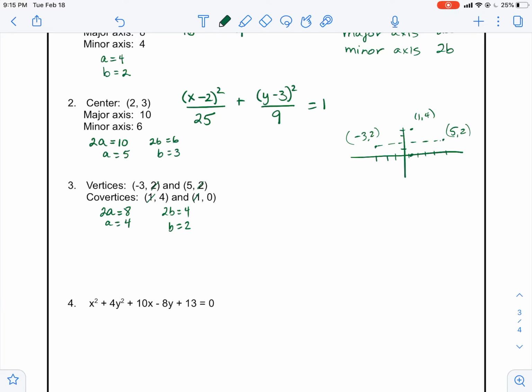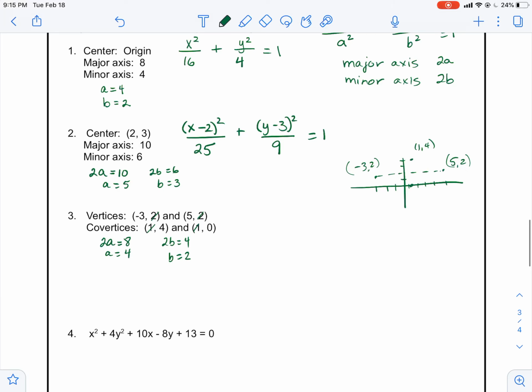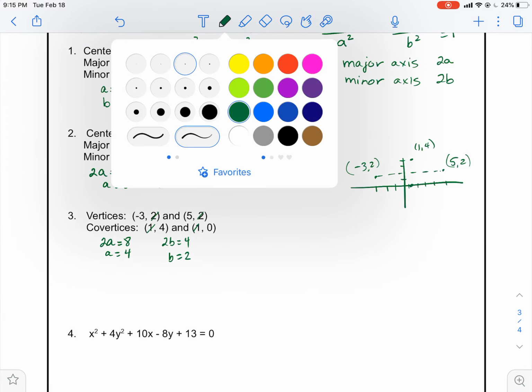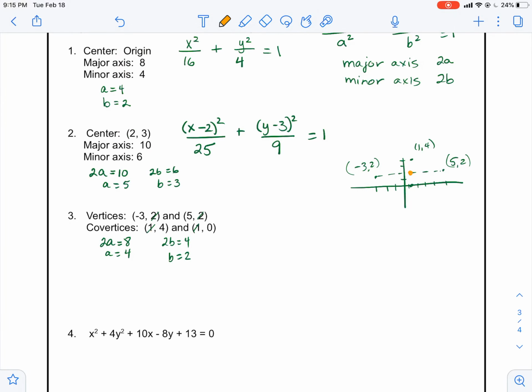What I didn't state in this problem, though, was what my center was at. And so if you look at the graph, your center is going to be the midpoint of both of these, in the x and the y position. So your center in this case is going to be at 1, 2, because halfway between -3 and 5 would be 1, and halfway between 0 and 4 would be 2.